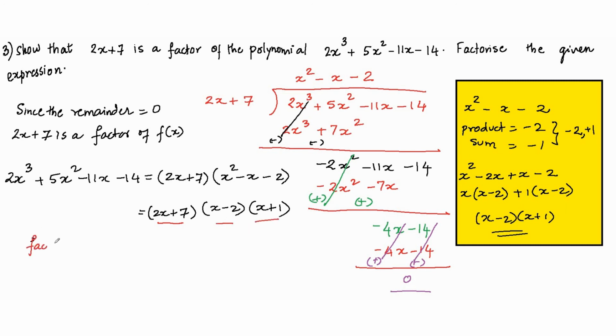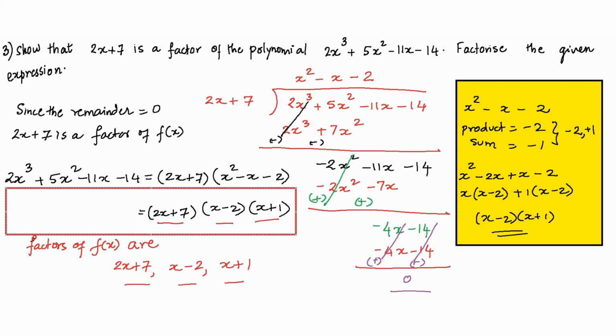So the factors of f of x are 2x plus 7, x minus 2 and x plus 1, right? If I were to find the factors, this is how I would express it. Whereas they have asked me to factorize the given expression, so I would leave the answer at this particular point, right? This is the factorized form of the expression 2x cubed plus 5x squared negative 11x negative 14.